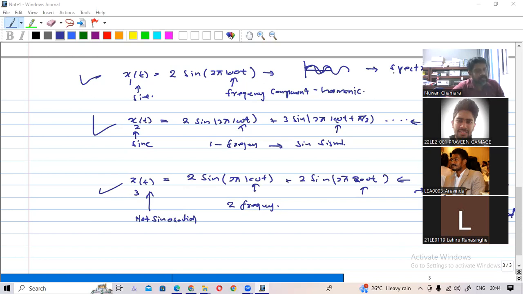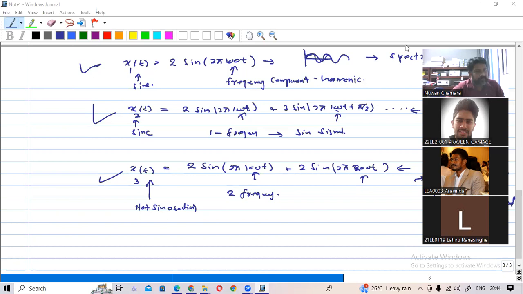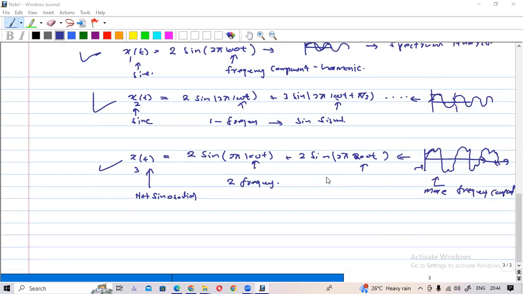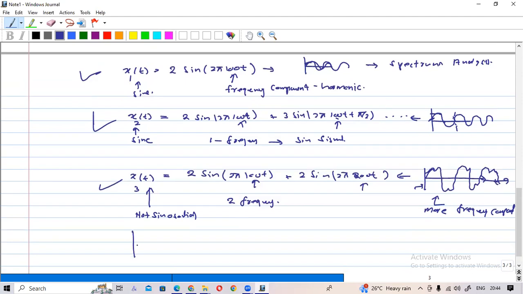But in the spectrum analyzer, you will see this kind of thing. In an oscilloscope, we can see the voltage changing with time.